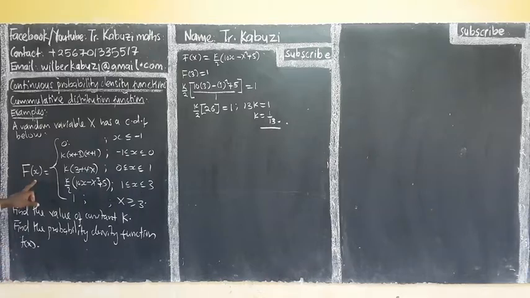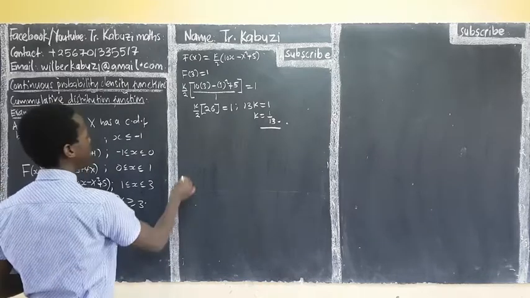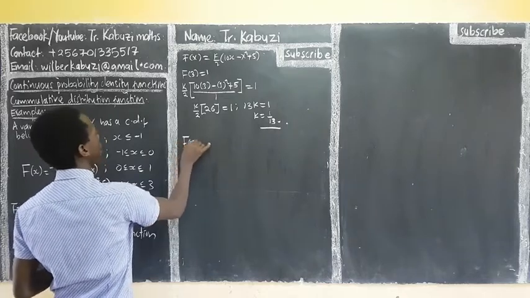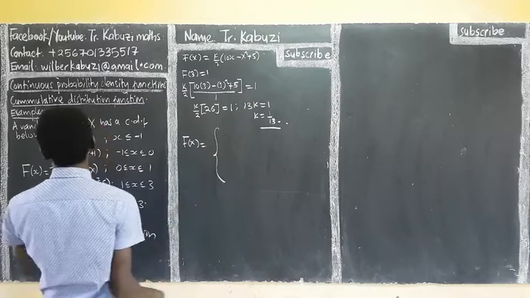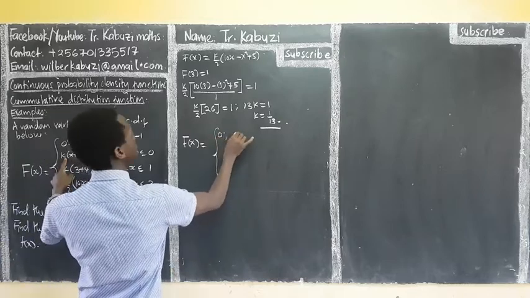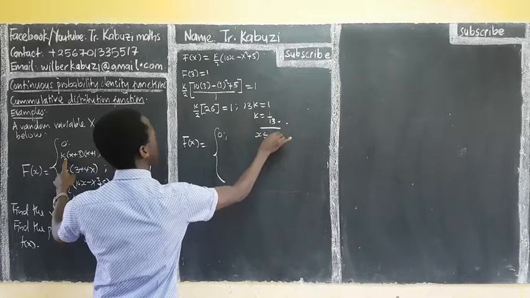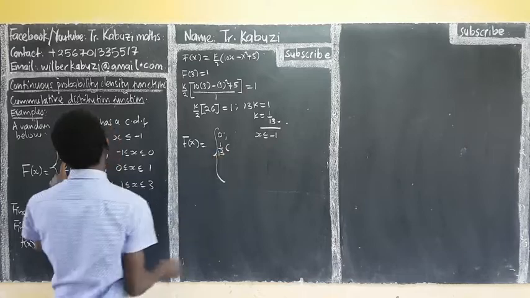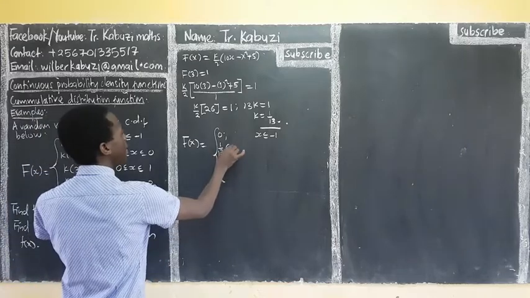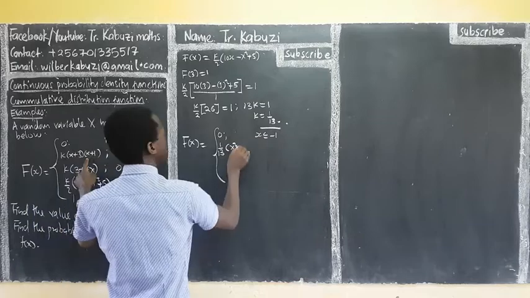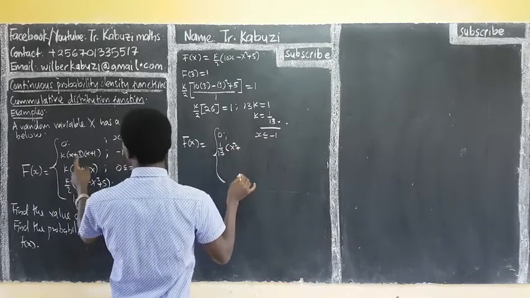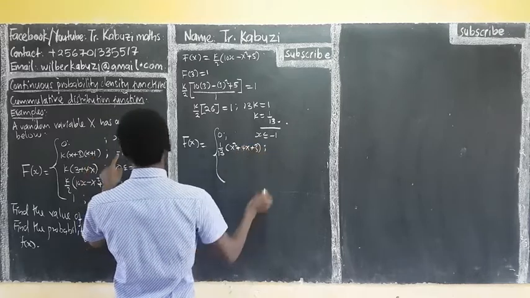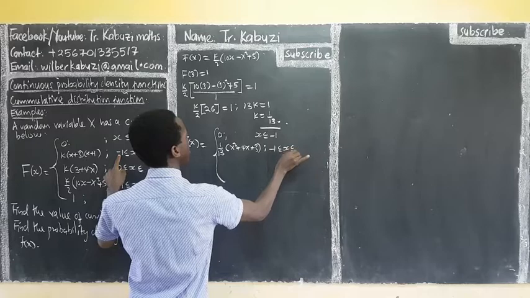So meaning that now, for this interval, our capital F of x will be, for x less than or equal to -1, 0. Then I have k, which is 1 over 13. Now, can we expand this? When we expand this, we get x squared plus 4x plus 3. The interval was -1 less than x less than or equal to 0.